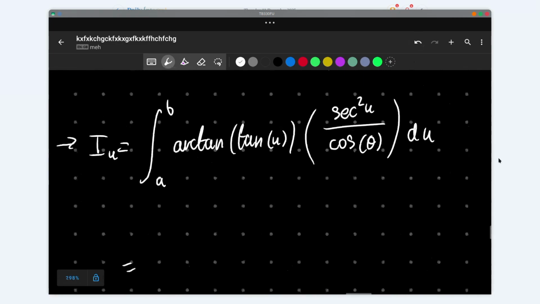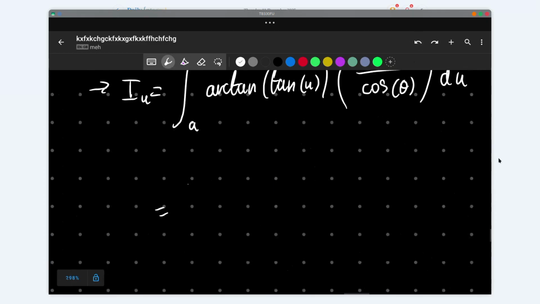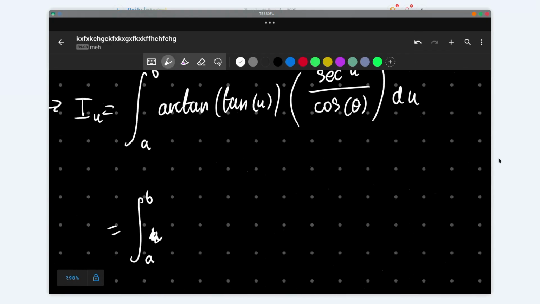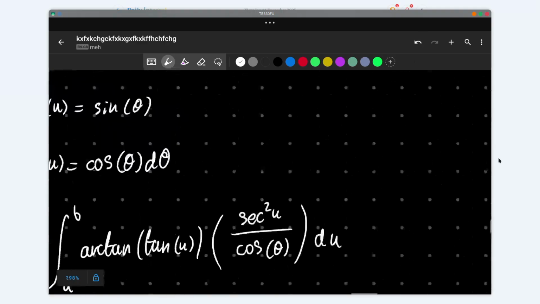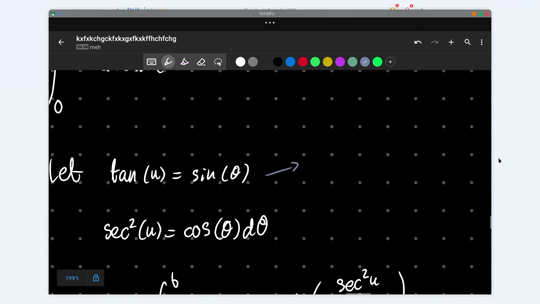So that would cancel. Wow, there we go. You're left with the integral from a to b of u sec squared u over cos theta du. So now we have a new problem. We need to find a way to get cos theta.